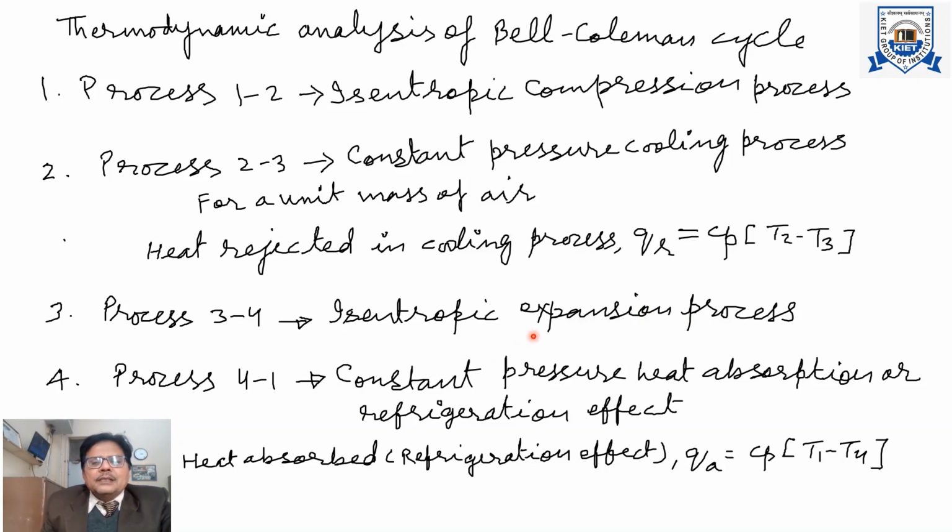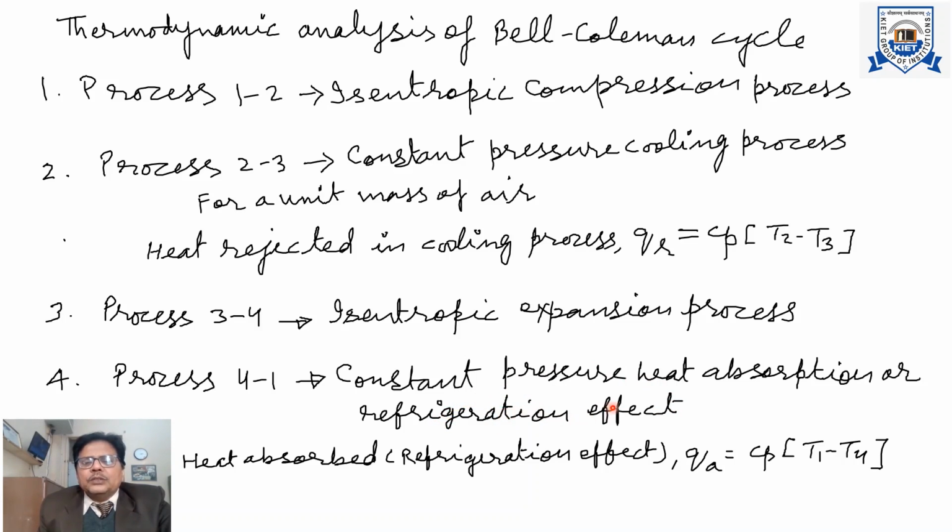Then this air at low temperature and low pressure is sent to the refrigerator, a space where cooling is achieved. This cooling is achieved because the air at low pressure and low temperature absorbs heat from the surroundings. In this way the space or the substance kept in that space gets cooled.